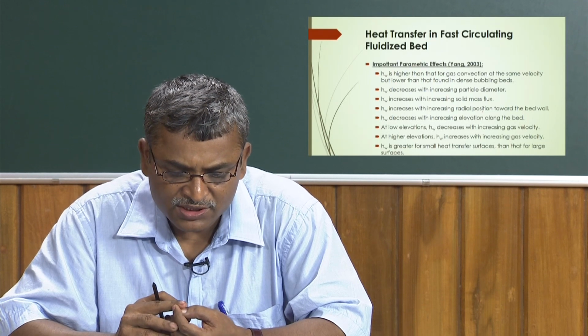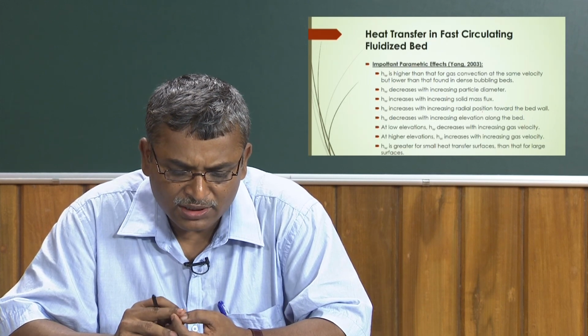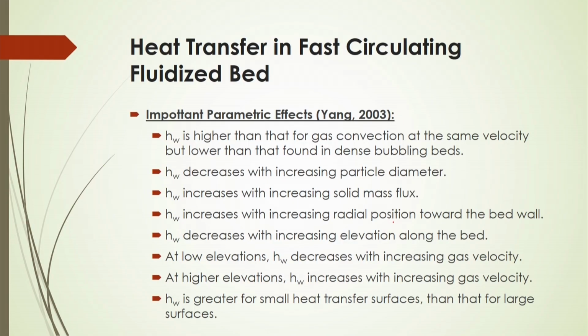Now, in the case of fast circulating fluidized beds, some important parametric effects were observed and reported by Young 2003. They reported that the wall heat transfer coefficient will be higher than that for gas convection at the same velocity, but lower than that found in a dense bubbling fluidized bed. In a fast circulating fluidized bed, the wall heat transfer coefficient decreases with increasing particle diameter, increases with increasing solid mass flux, increases with increasing radial position towards the bed wall, and decreases with increasing elevation along the bed.